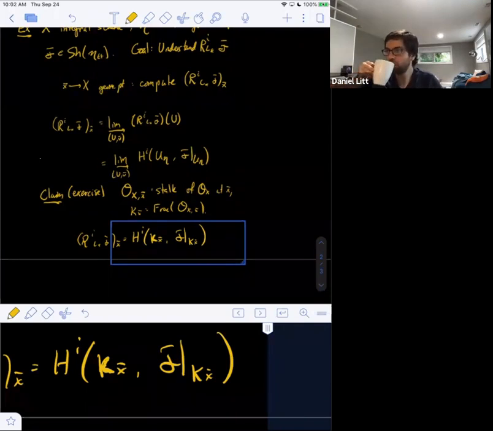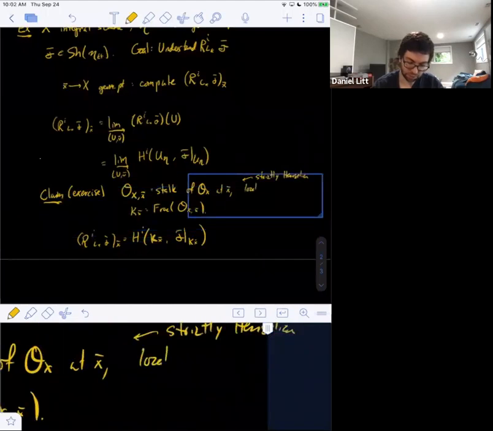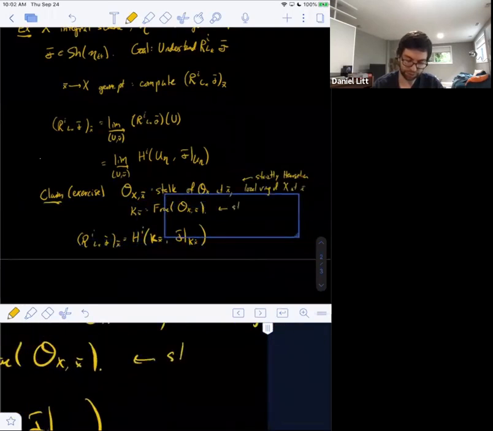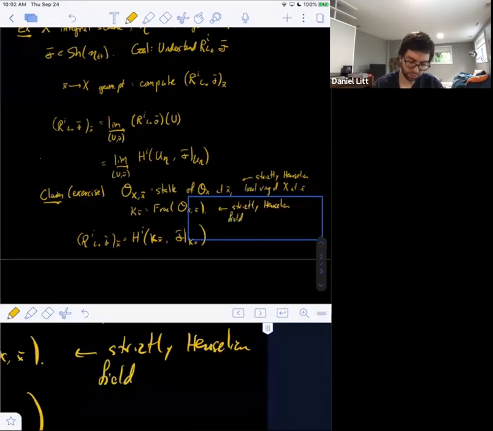Are there any questions about this? So these rings have a name. This is called the strictly Henselian local ring of x at x bar, and this is called the strictly Henselian field associated to x at x bar.